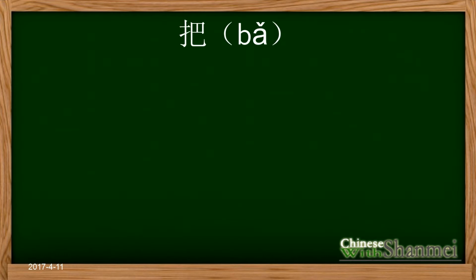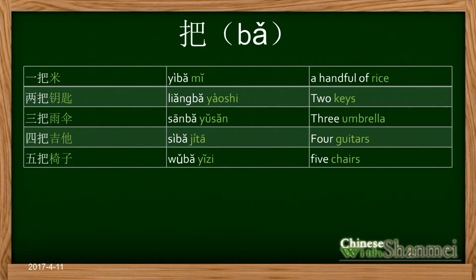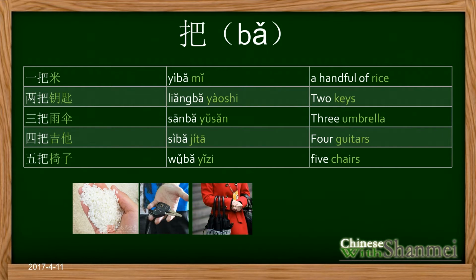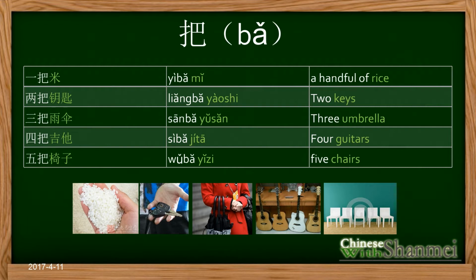Let's take a look at the next one. 把. You can read after me. 一把米，两把钥匙，三把雨伞，四把吉他，五把椅子。As you can see, 把 is the measure word for things with a handle like key or umbrella or guitar.